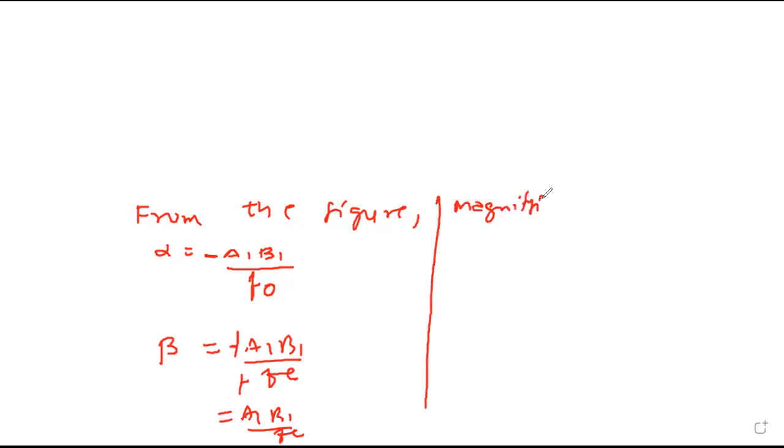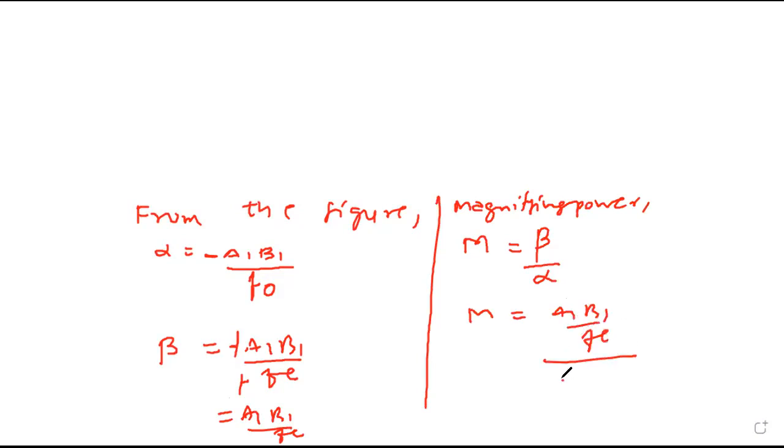Magnifying power, m equals beta upon alpha, which will be A1 B1 upon FE minus A1 B1 upon FO. So magnifying power is A1 B1 upon FE into FO upon A1 B1, minus I am taking here.